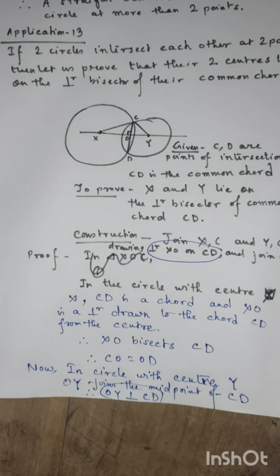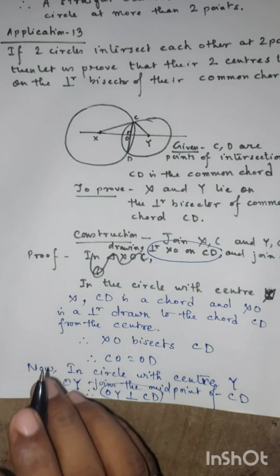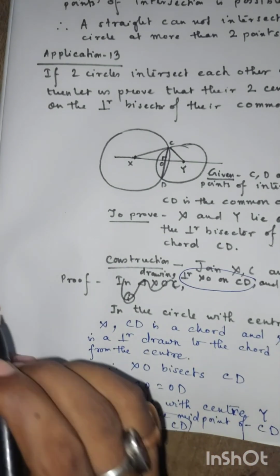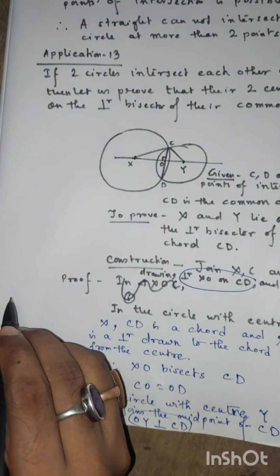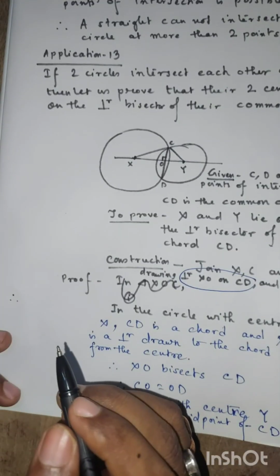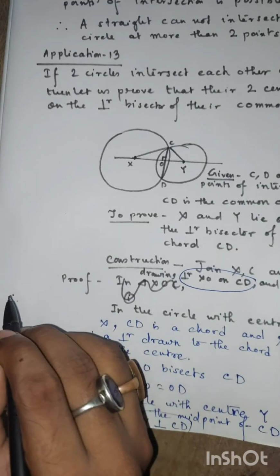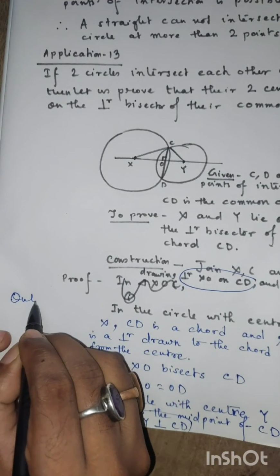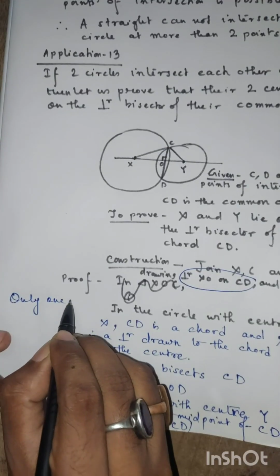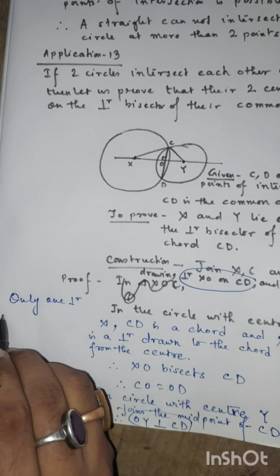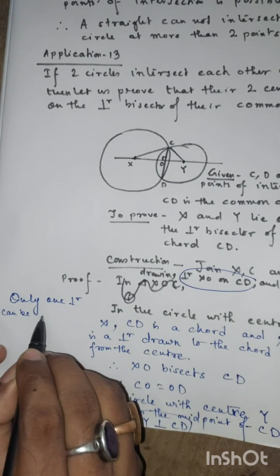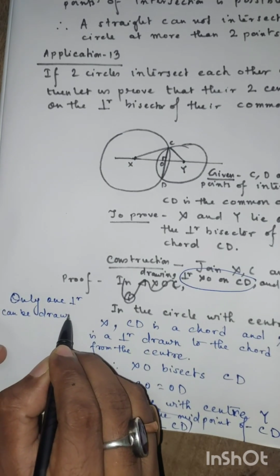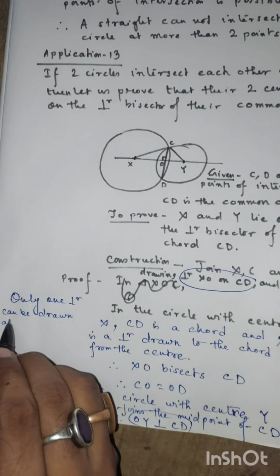Okay, therefore we know only one perpendicular can be drawn at a point.